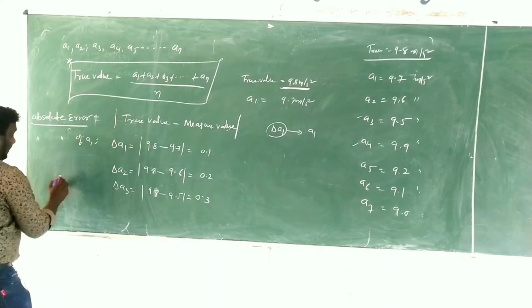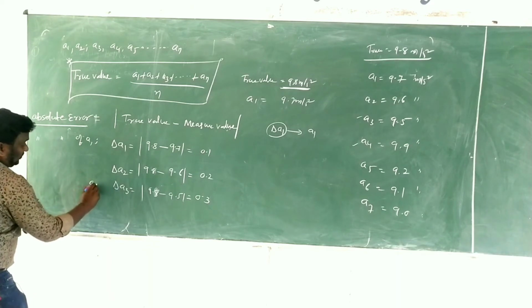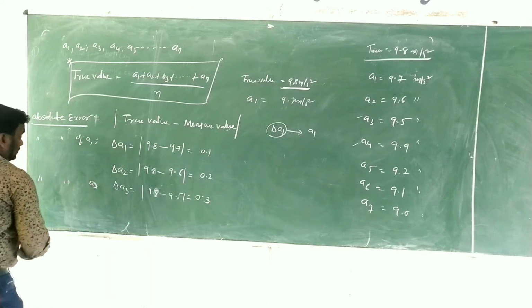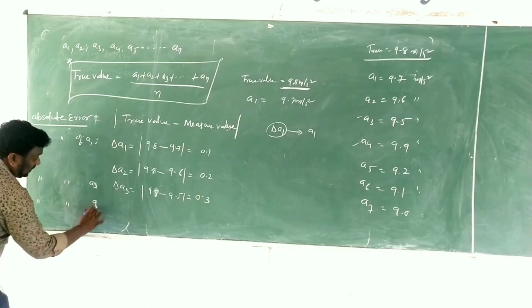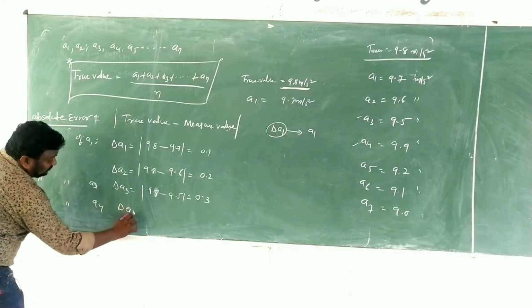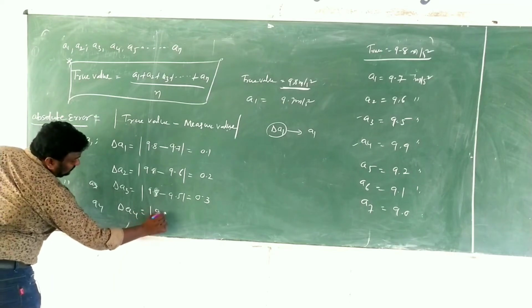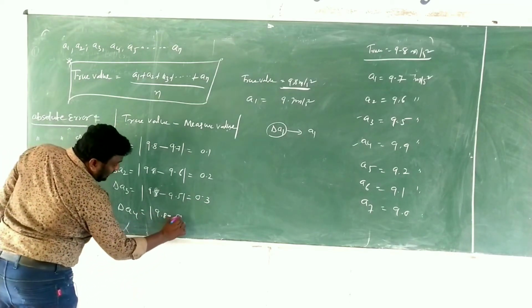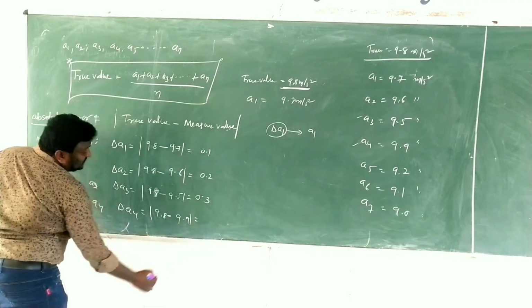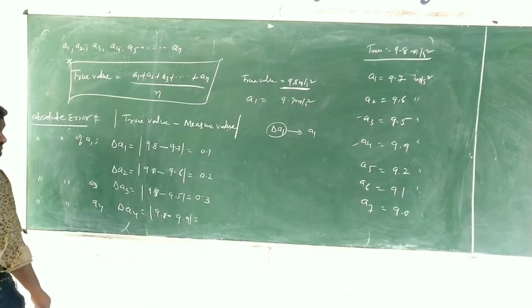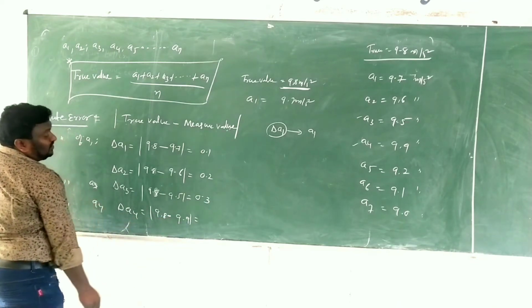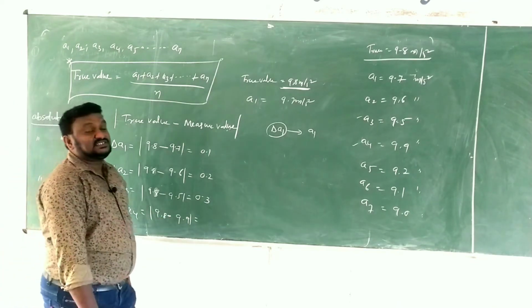Similarly, absolute error of A4, delta A4, is equal to mod of 9.8 minus 9.9. Simply 9.8 minus 9.9 means what? Minus 0.1.